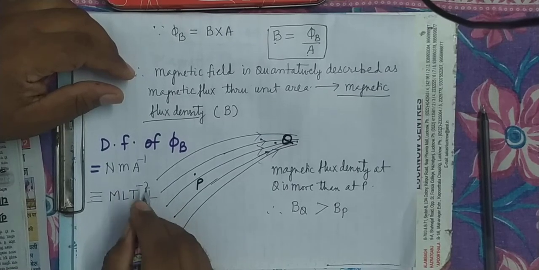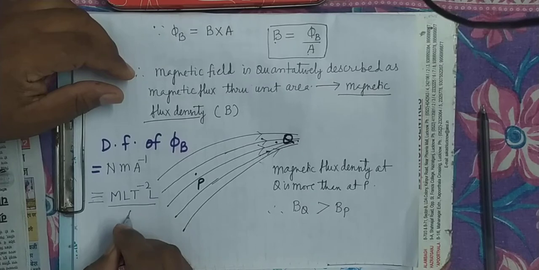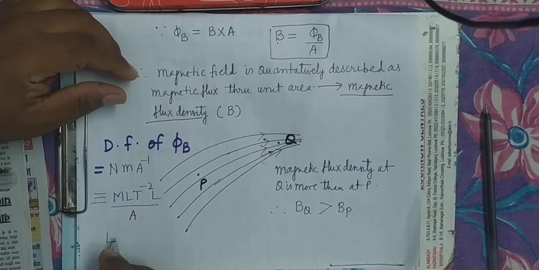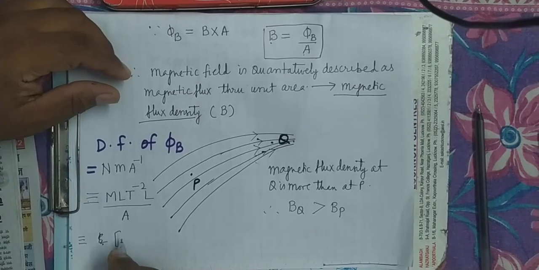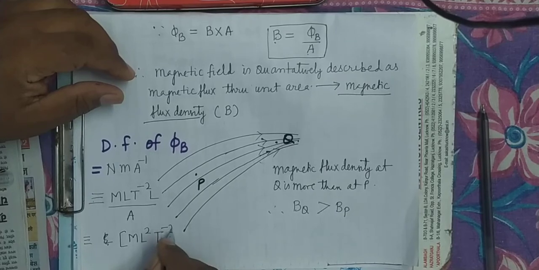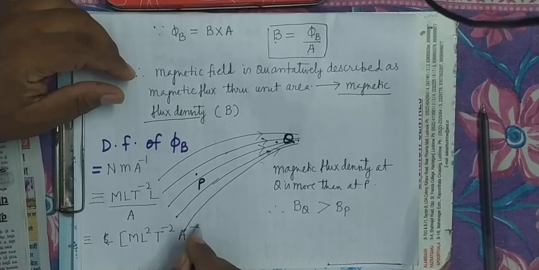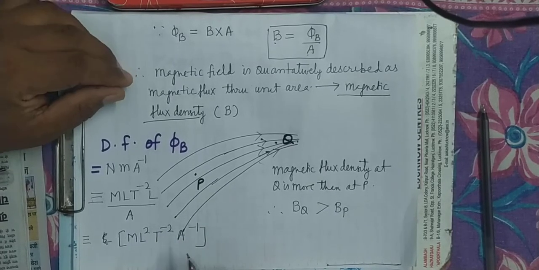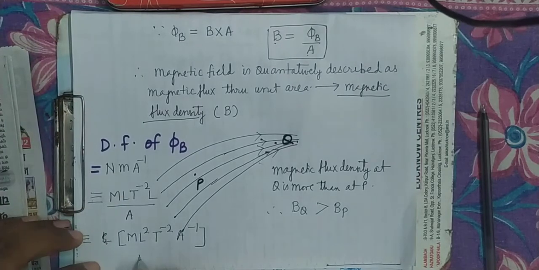Meter means L, upon ampere, that is A. So what will be the dimensional formula? ML square T minus 2 A minus 1. This is the dimensional formula of magnetic flux.